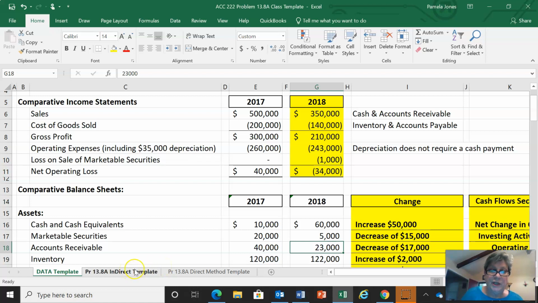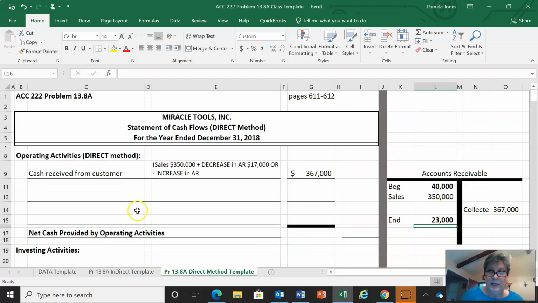So our logic was correct in adding the decrease in accounts receivable. And again, why? Because sales on account increases accounts receivable, but cash collections on account, which is what we want, we're trying to figure out how much cash did we collect from customers, cash collections decrease accounts receivable.